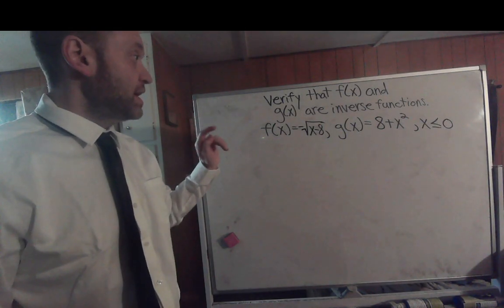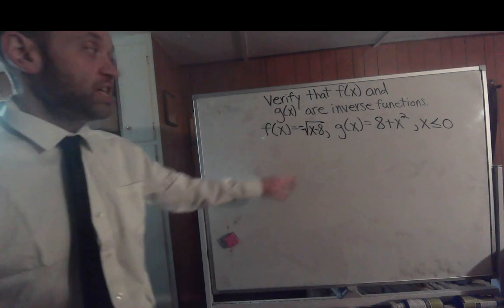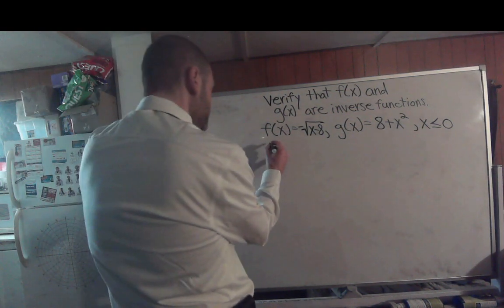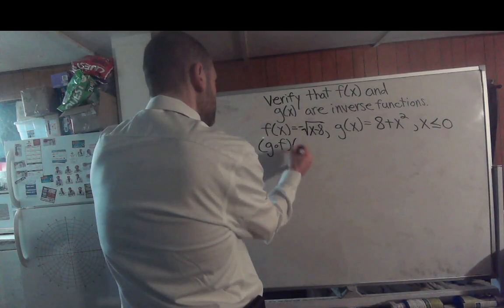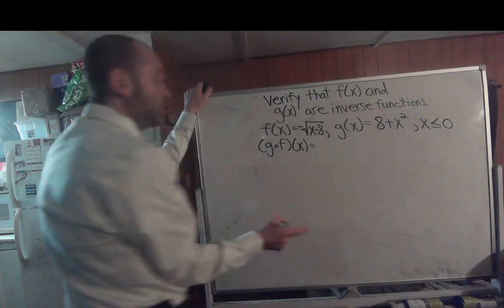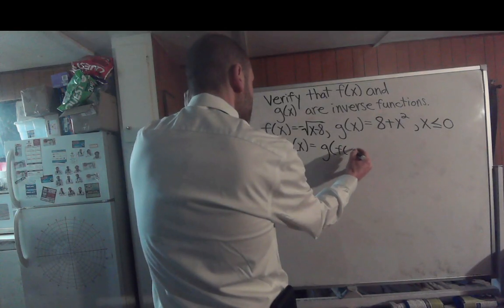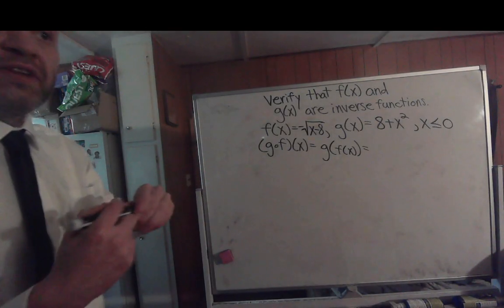So let's take then, it might be easier if we do g of f of x. So this time let's do g of f of x. And again, order doesn't matter if you want to verify an inverse.